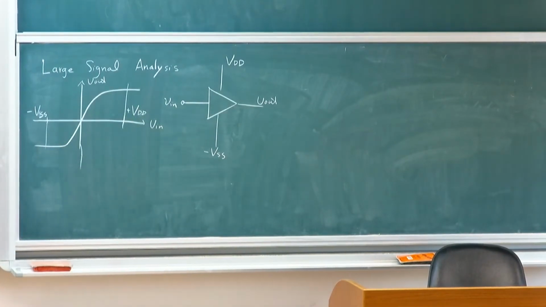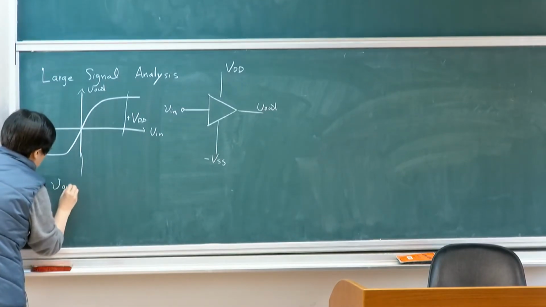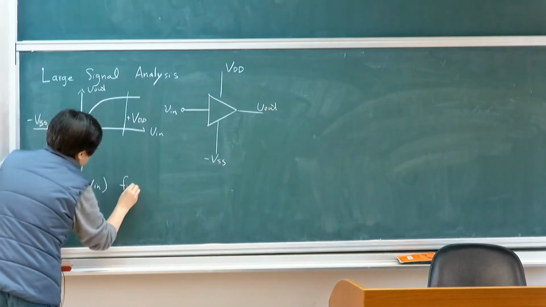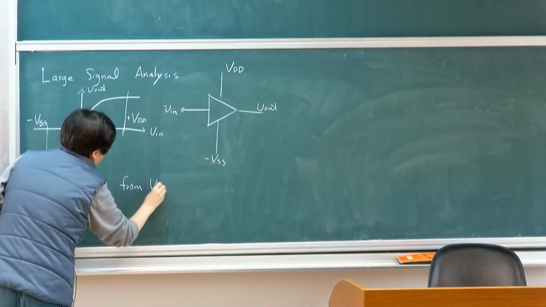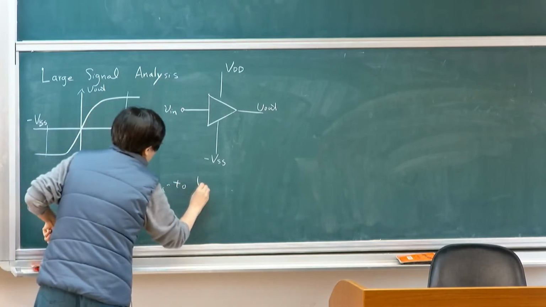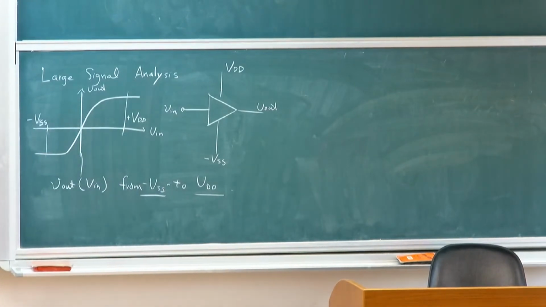That's called the large signal transfer function. We know Vout as a function of Vin from VSS to VDD, so you know the whole scope of how your circuit functions.